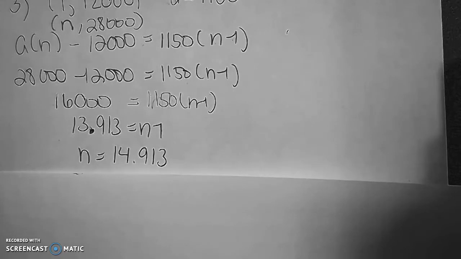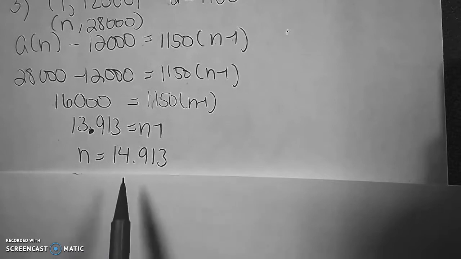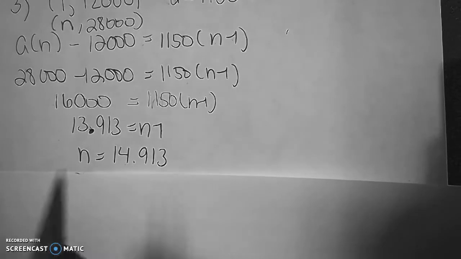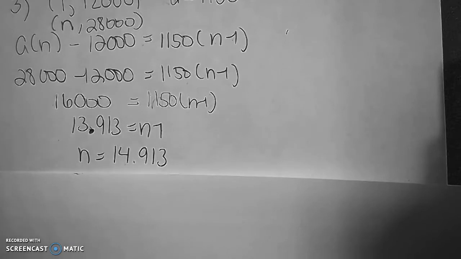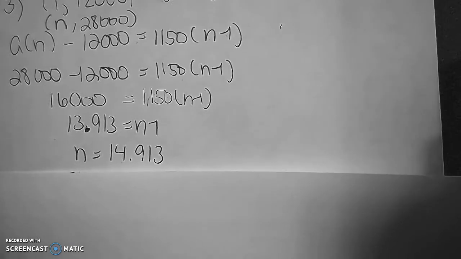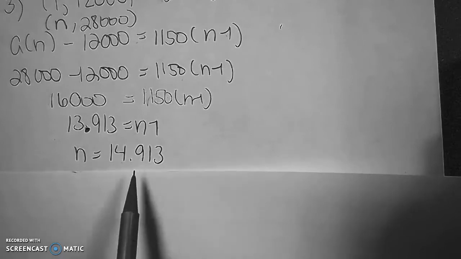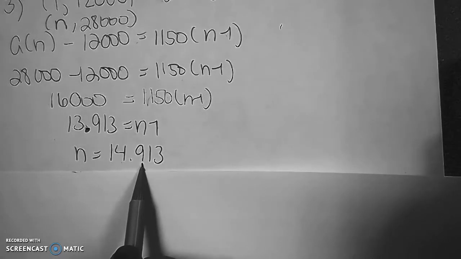Here's one thing you have to understand about annual salary. When you get your salary, you get it on day 1 of a year, and that salary is the same for the entire year. So when you get 14.9, it's not that in the middle of the year, in October, you all of a sudden get bumped up in your salary.